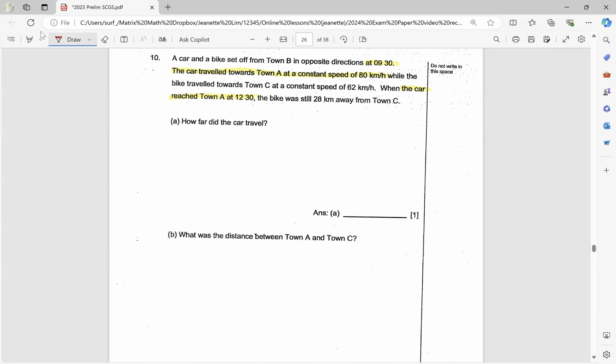The time taken is 9:30 to 12:30, so 3 hours. Distance is speed times time. Your speed is 80 km per hour. The time taken is 3 hours. So the total distance is 240 km.